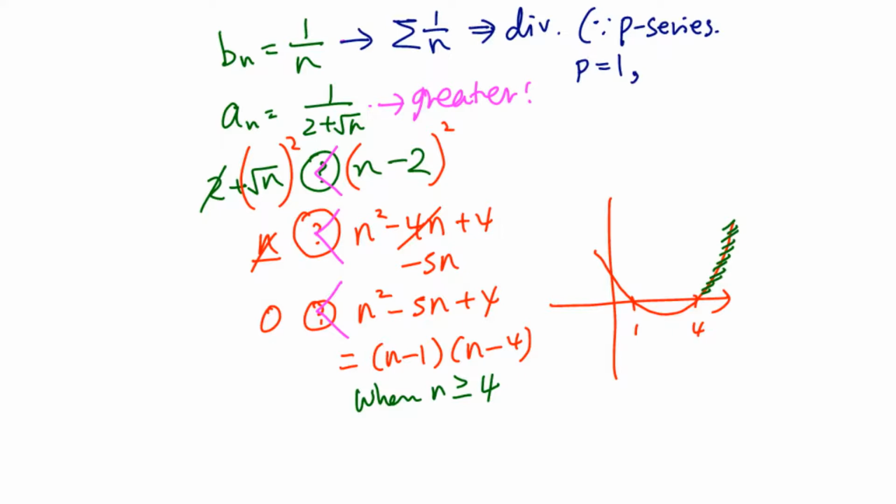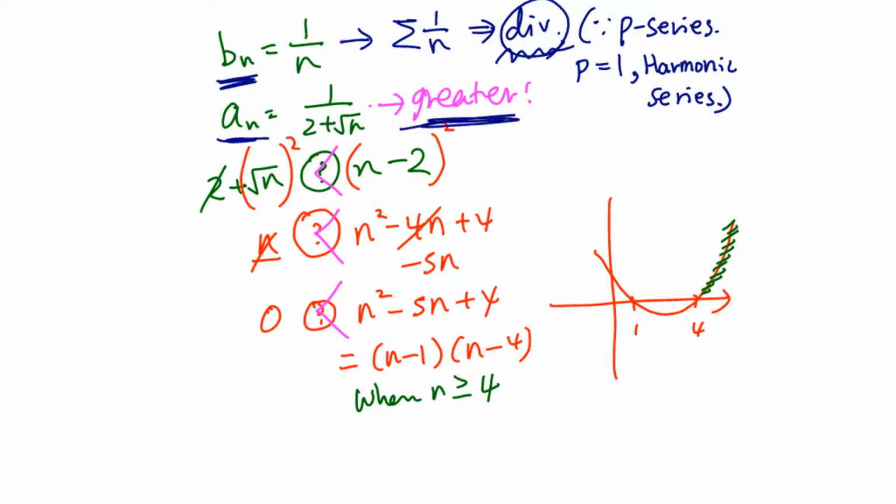And we gave it a special name, remember? It's the harmonic series, right? So it diverges. Because the smaller one diverges, the bigger one, the greater one, diverges too. So my answer is An diverges.